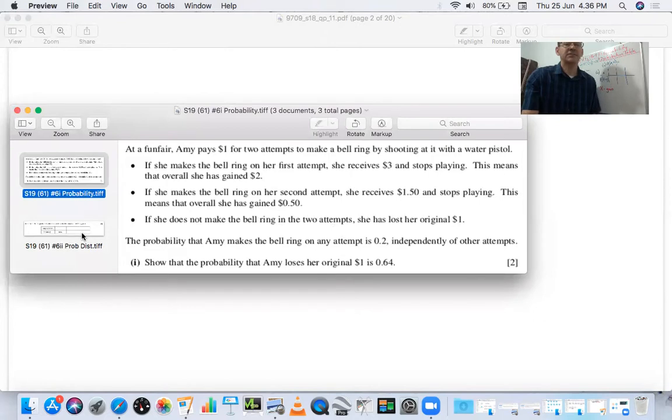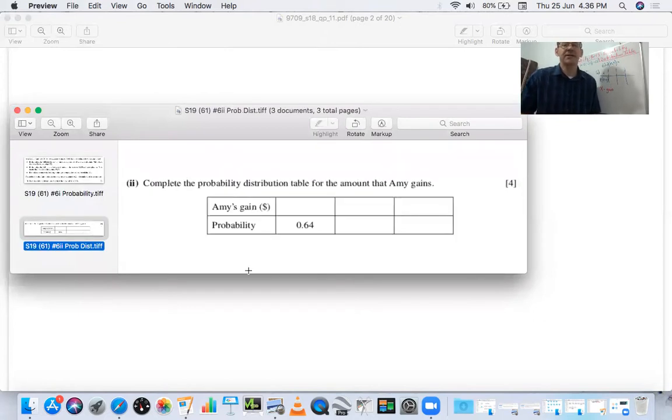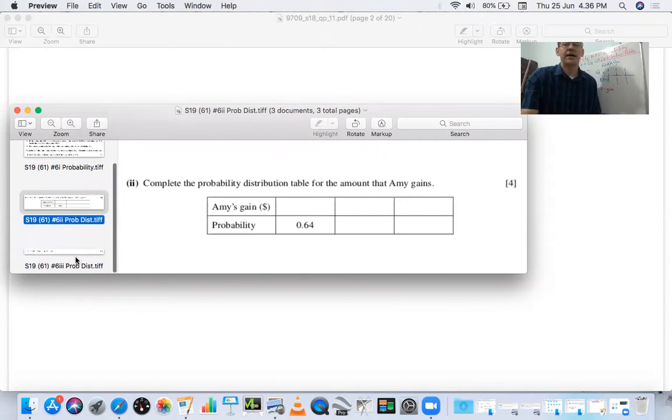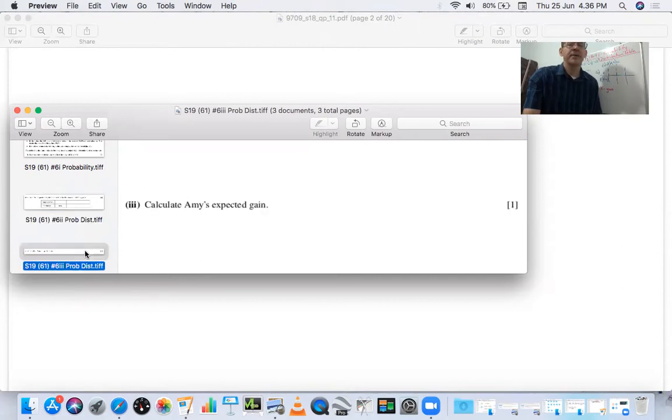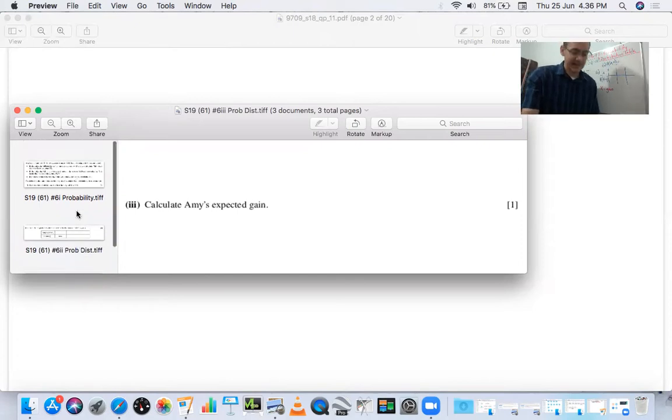Then it asks us to complete the probability distribution table here, to fill in the probability distribution table. And we need to also calculate Amy's expected gain.